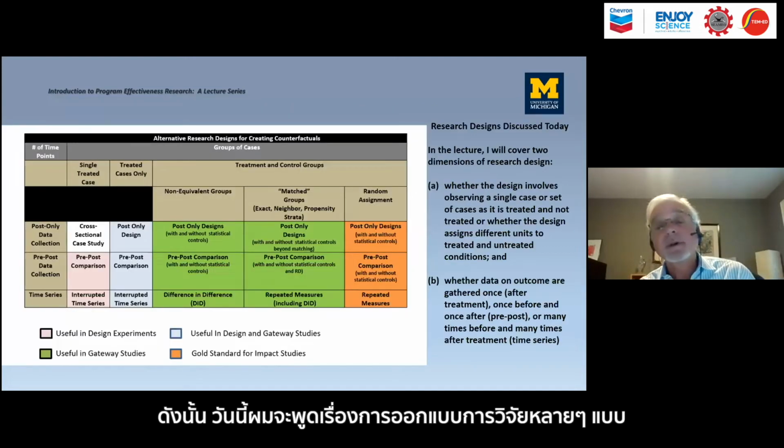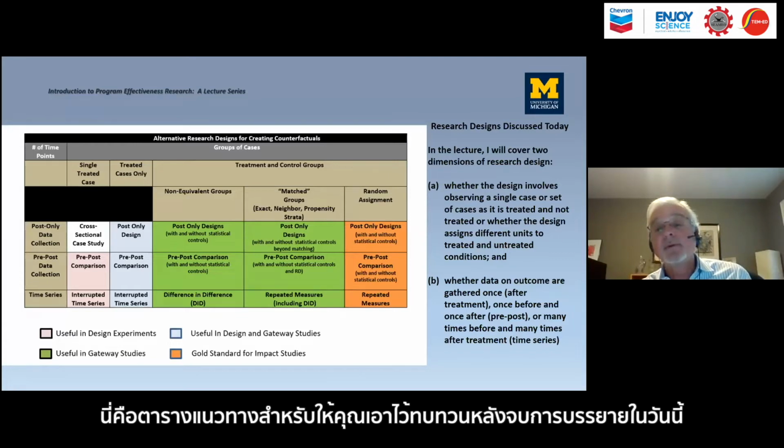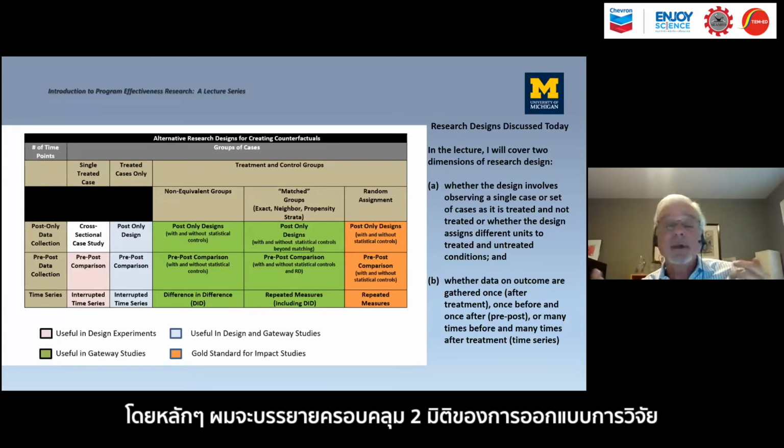So I'm going to discuss a number of research designs today, and this is the guiding table for you to review at the end of today's lecture. But basically, I'm going to cover two dimensions of research design.